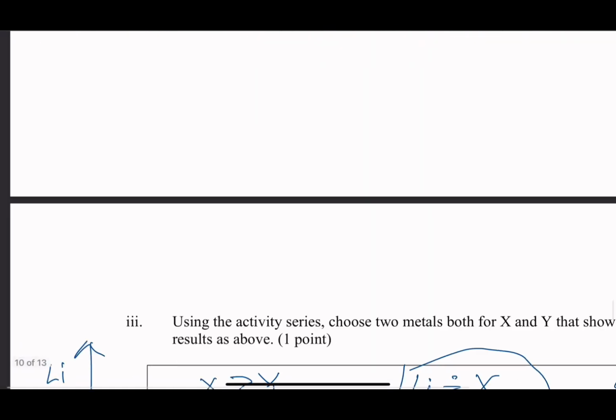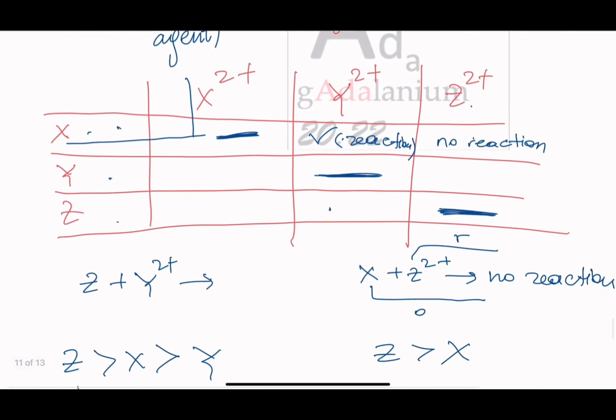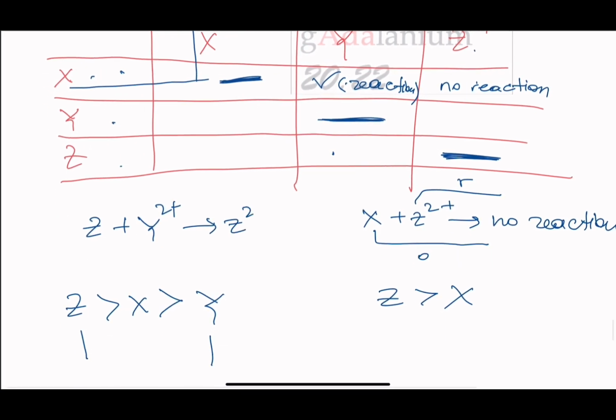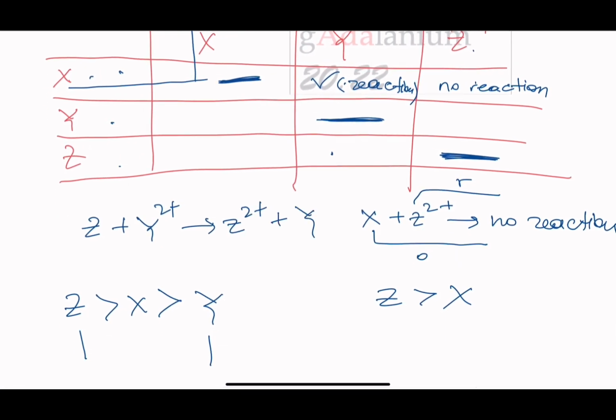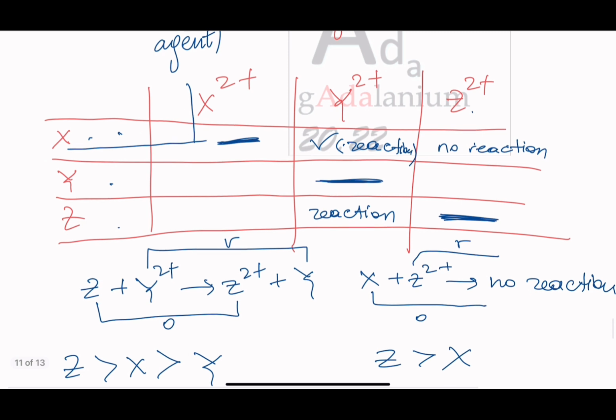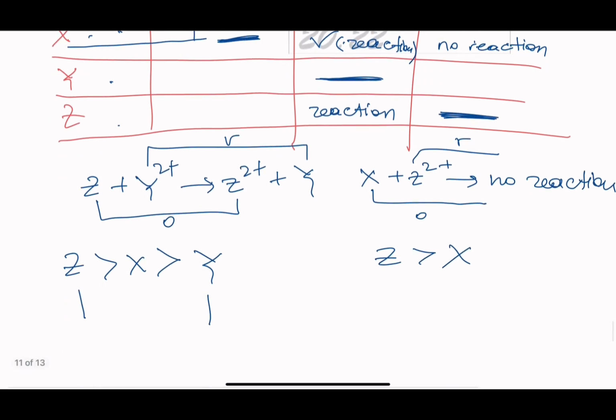So that's why for this reaction, because it happened, it goes like this: Z got oxidized, Y got reduced, oxidized, reduced. So I'm going to say that there is a reaction. Okay, and then I do one more, Z with X2. The same idea, Z with X2.